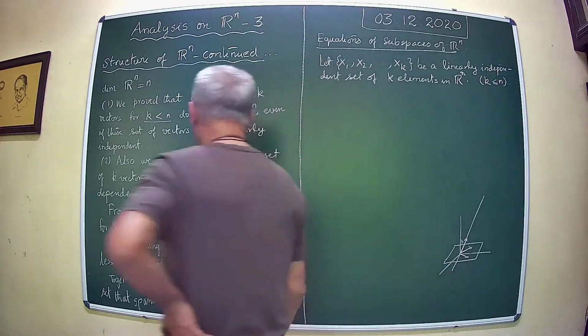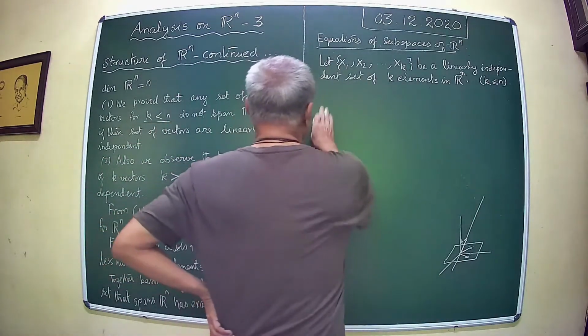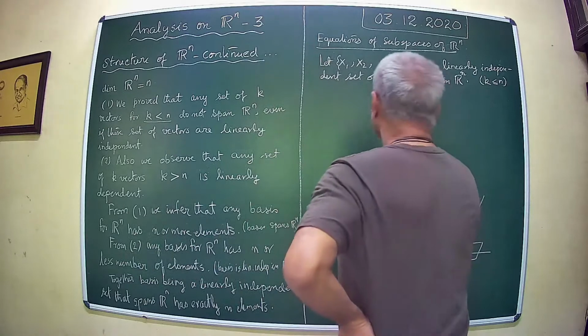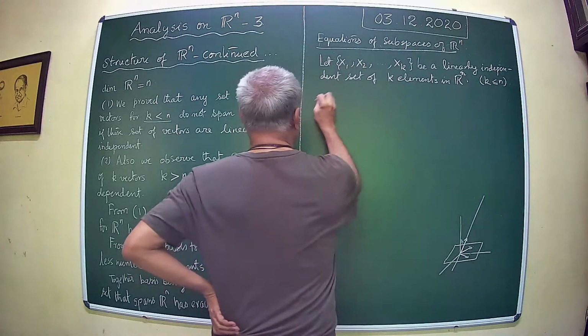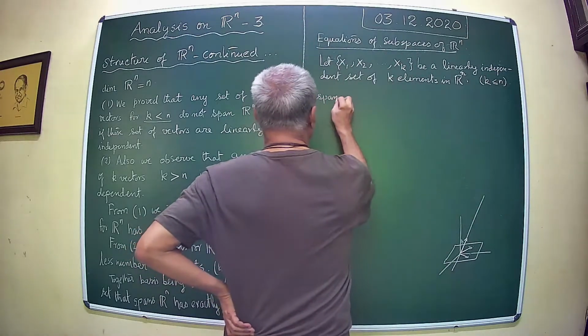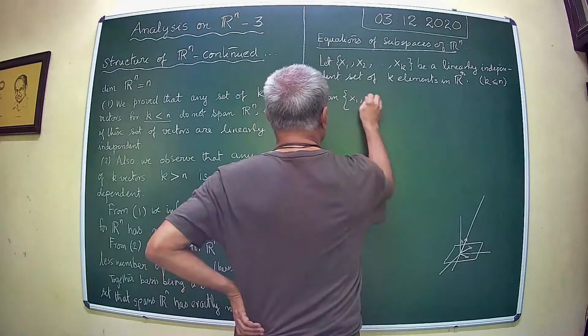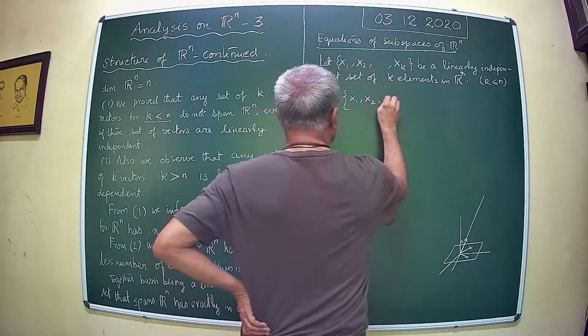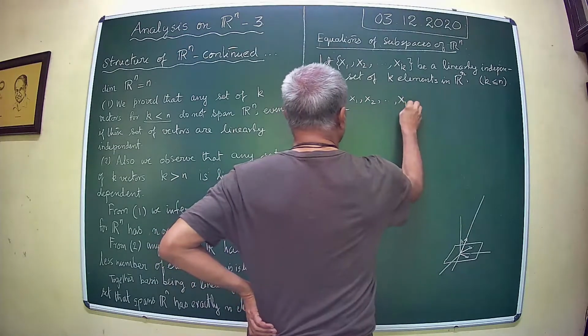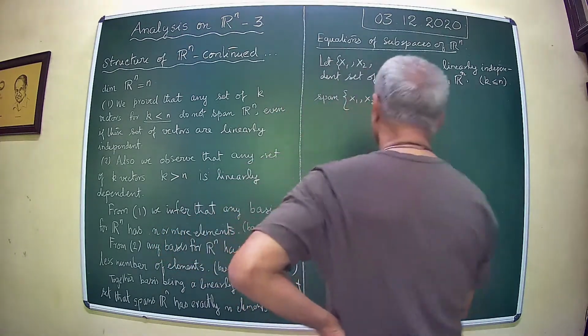K is less than or equal to N. Now, look at the span of x1, ..., xk.